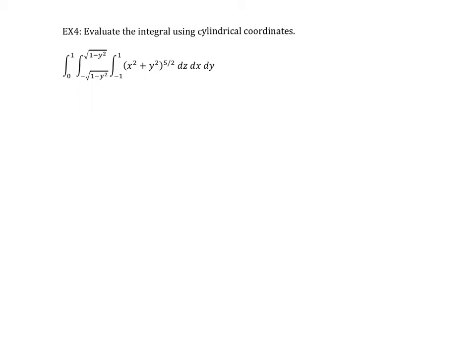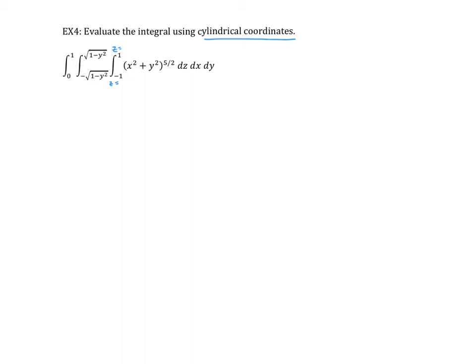Now let's look at example 4. I want to evaluate this triple integral, but I want to use cylindrical coordinates. So this is written in terms of x, y, z. Now remember my z values, and that would be my inner integral. My z values stay the same. I just have to figure out how to write the x's and the y's in terms of r theta. So it's just like going back to what we did with polar coordinates.